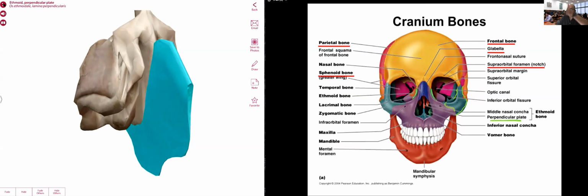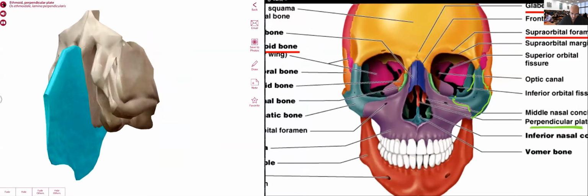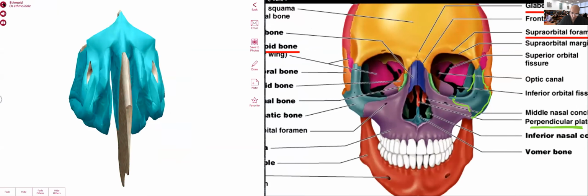All right, so this is the plate that descends in the midline of the nasal cavity. This is my perpendicular plate. Also, you can see those elevations on the sides. Those are my middle nasal conchae.